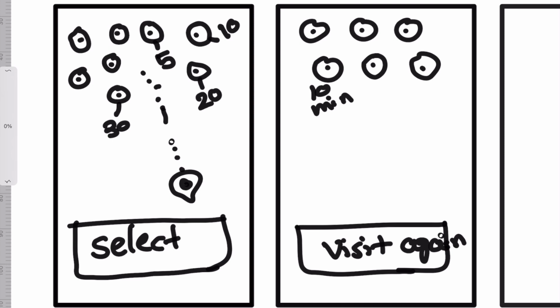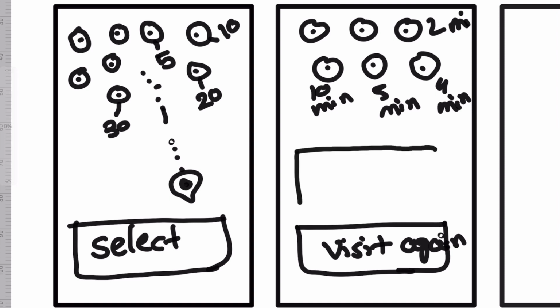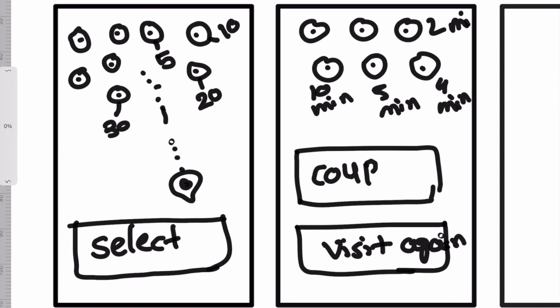So this takes 5 minutes, this takes 4 minutes, this takes 2 minutes. If they want to visit, they can visit again. If they want any coupon, they can use the coupon again.